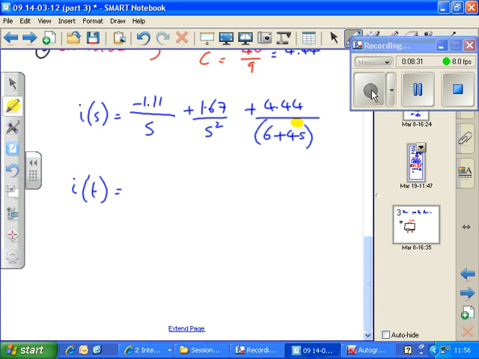I(t) equals minus 1.11 plus 1.67t plus 1.11 over 1.5 plus s. Transforming back, this will give us plus 1.11 e to the minus 1.5t.